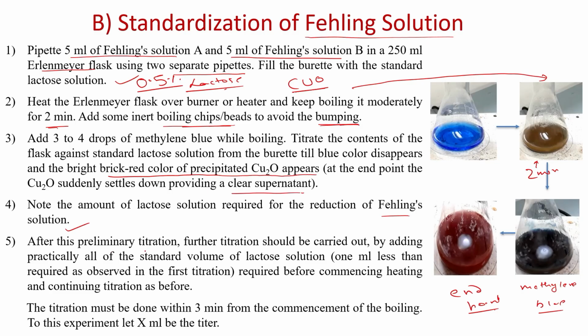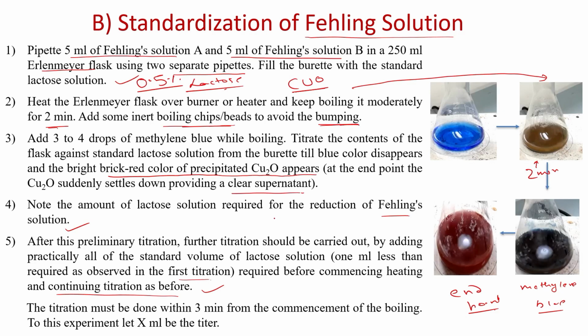Now this is the preliminary titration. Further titration should be carried out by adding practically all the standard volume of lactose solution, 1 ml less than the required volume observed in the first titration, before commencing heating, and continuing the titration as before. So this is a preliminary titration wherein you will be able to know how many ml are actually used.